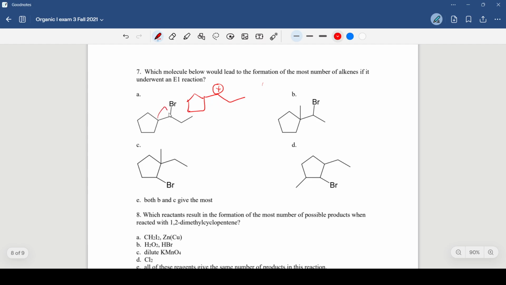So if I hydride shifted, another option would be this. Here too. But also I can methyl shift. This would be another option. Same thing here.